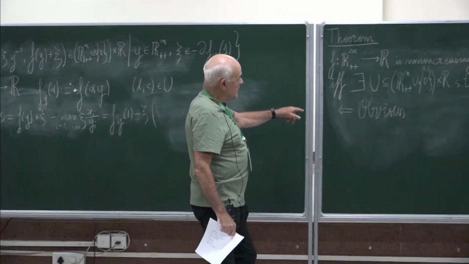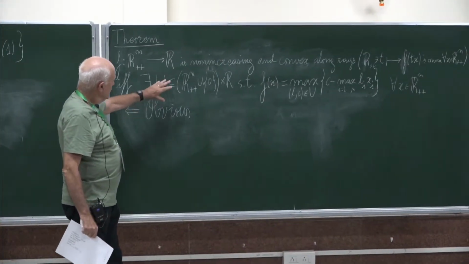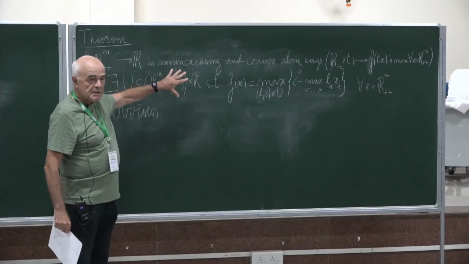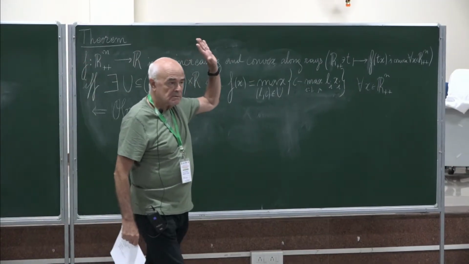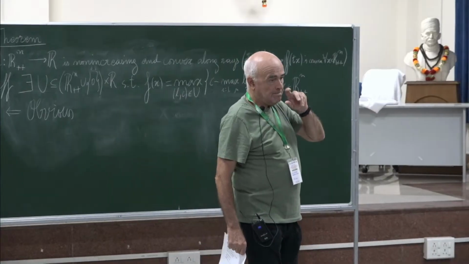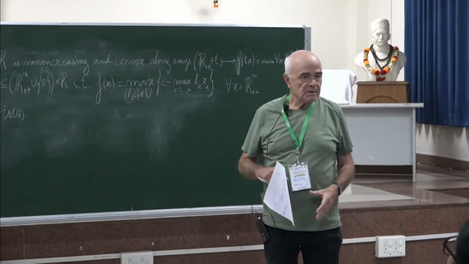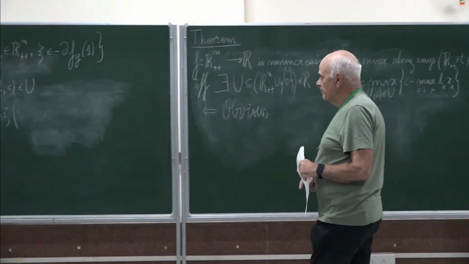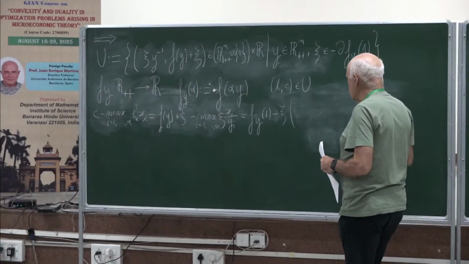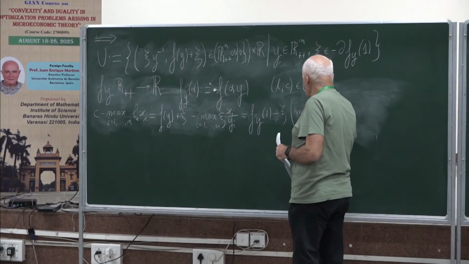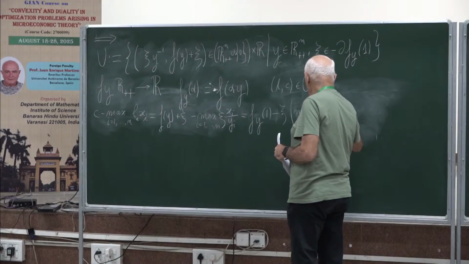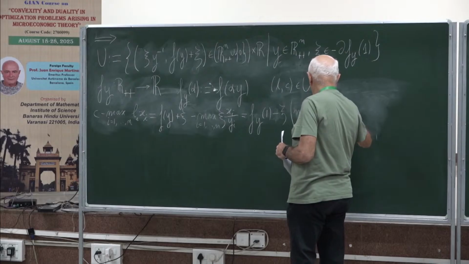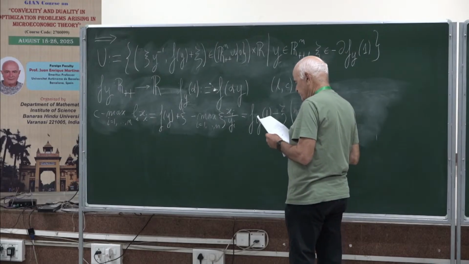By the way, in this direction, everything works if the first component in this product is R plus n. But one can take u in this set, times the max of xi over yi minus 1.